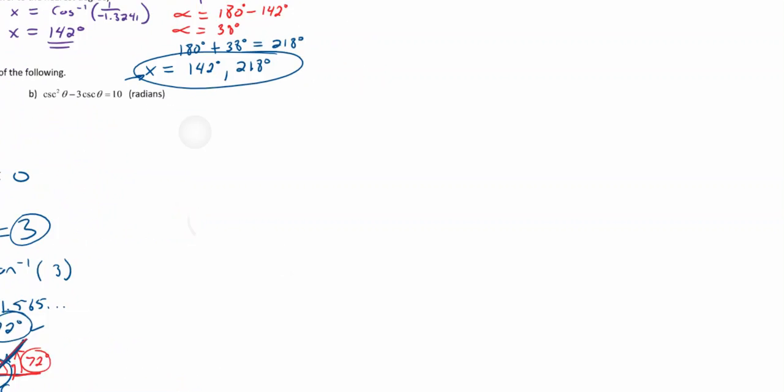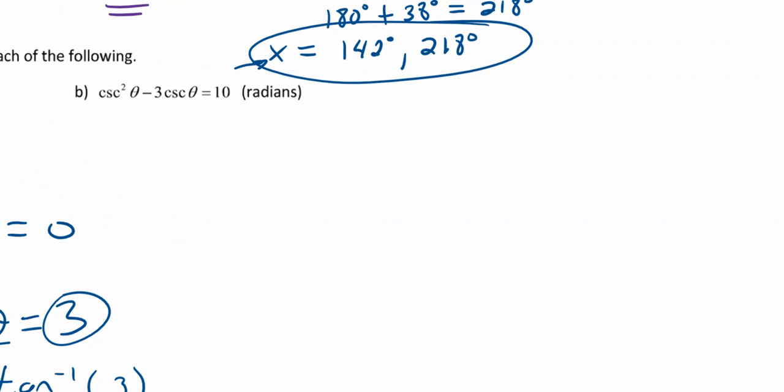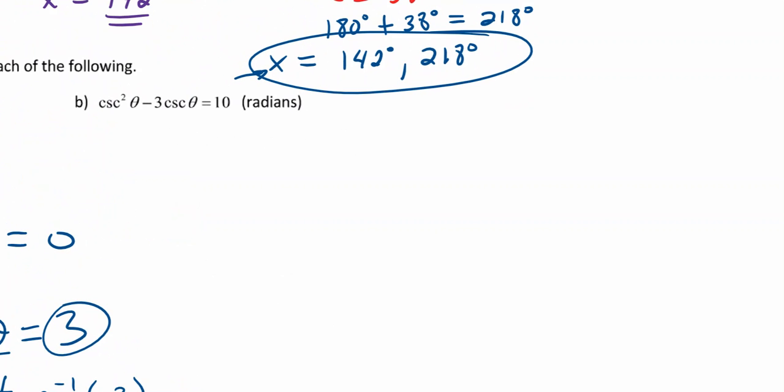All right, last one here. I'll try to be a little bit quicker because I rambled for a bit on that one. Same idea as the last one: we want to factor out a cosecant. We can't see it, so we want to see it.